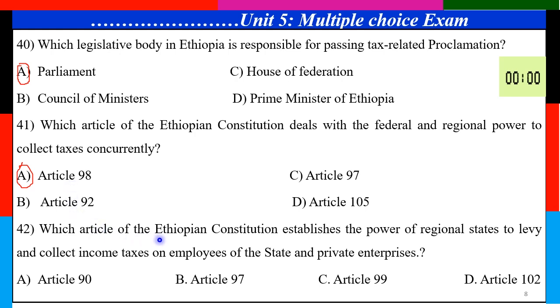Which article of Ethiopian Constitution establishes the power of regional state to levy and collect income tax on the employees of the state and private enterprise? A. Article 90. B. Article 97. Sorry. C. Article 99. D. Article 102.